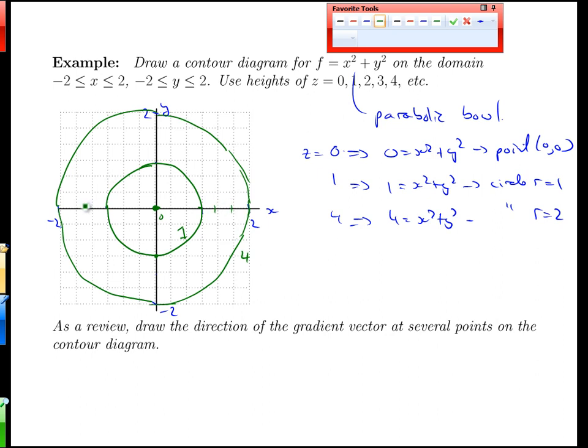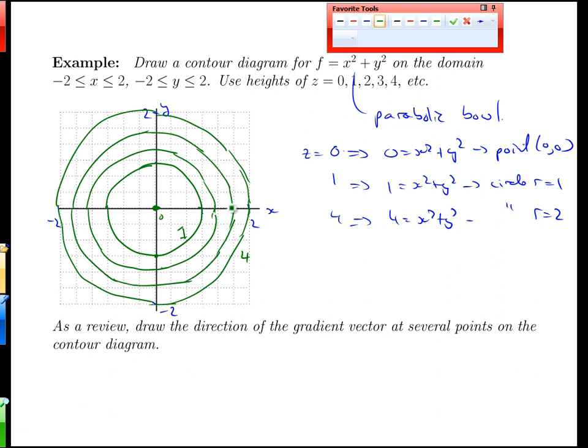So we'll sketch those out. There we go. So 2, 3, 4. And what we can also imagine is that there are other contours further on, 5, 6, and 7, and so on. In fact, we'll talk about the points at the edges in a moment.